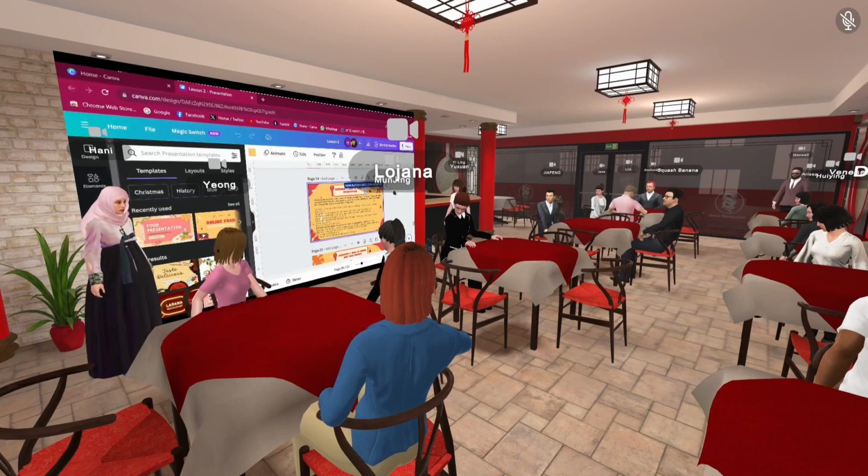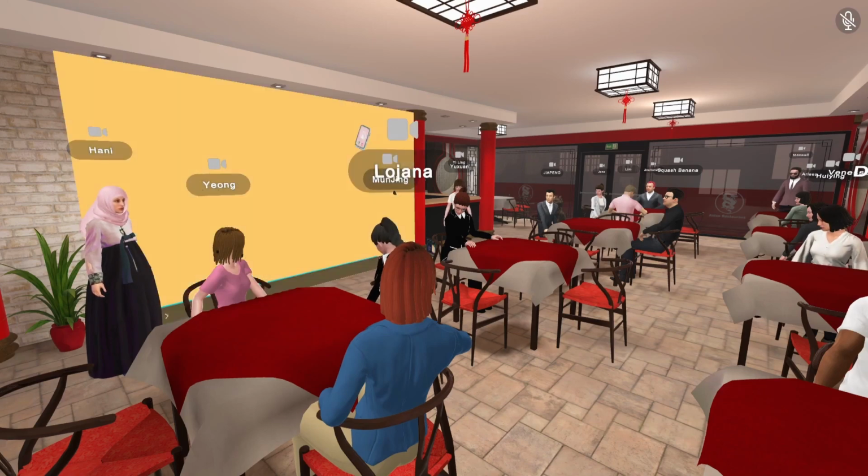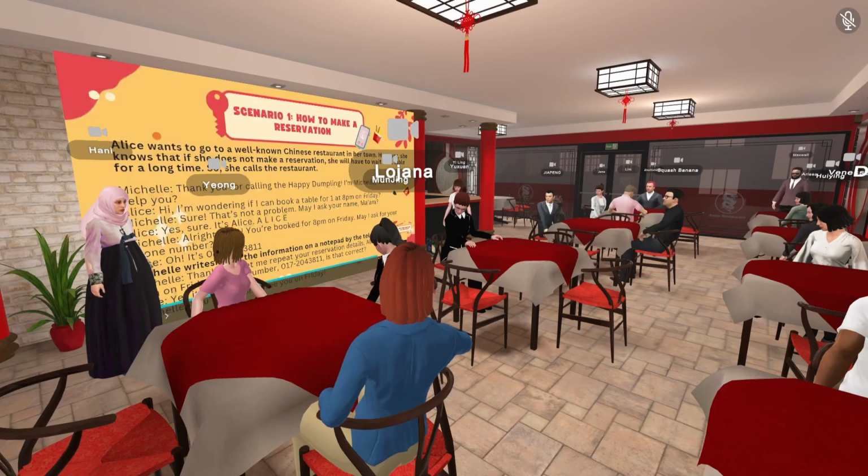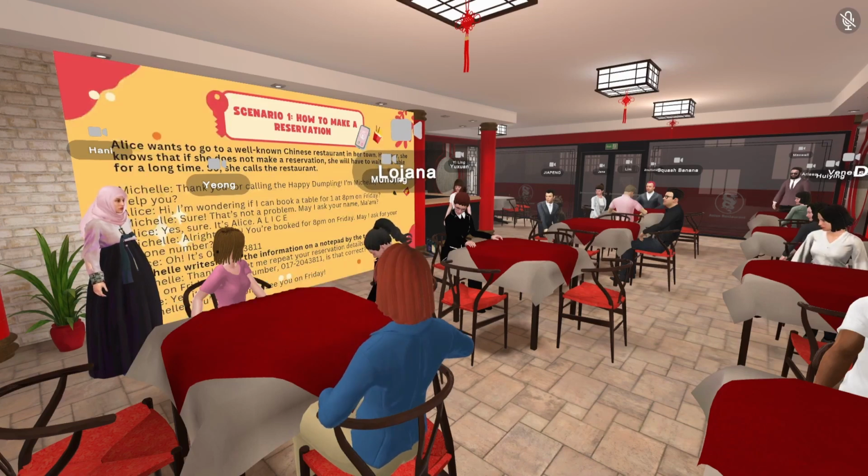How about Japan? Can someone volunteer? Maybe Young? I can help. Thank you very much. I'm going to read the bold letters. Michelle will be Munjing, and Alice will be Yeonjing.